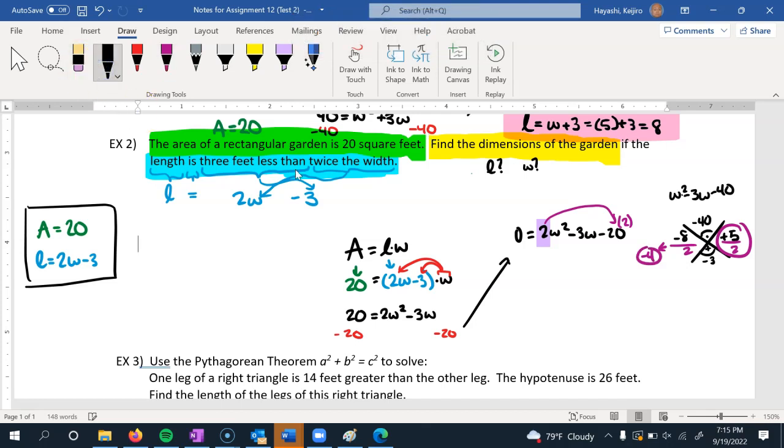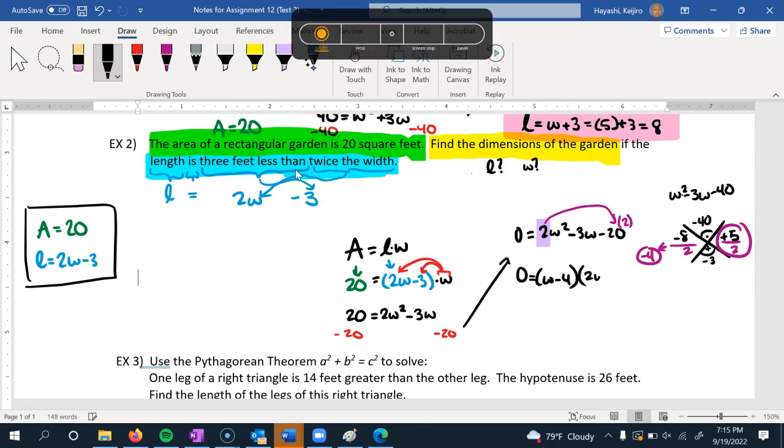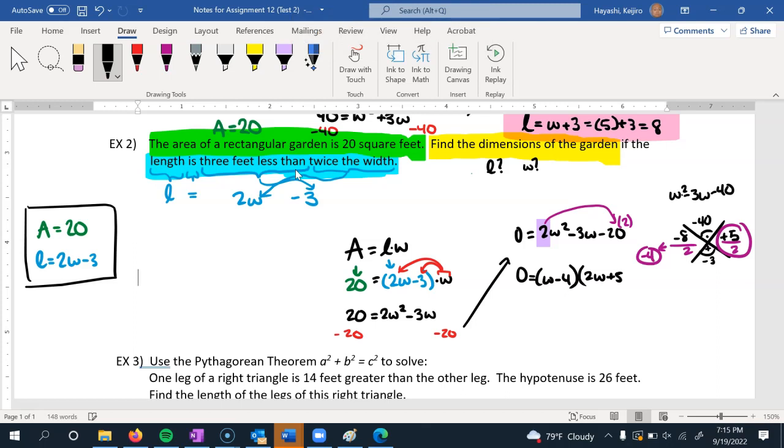So my two factors: this 2w squared minus 3w minus 20, this quadratic factors into two factors, w minus 4 and 2w plus 5.